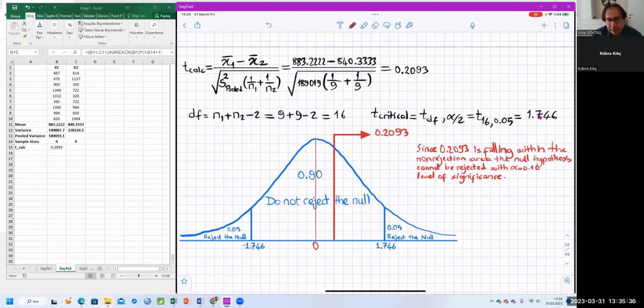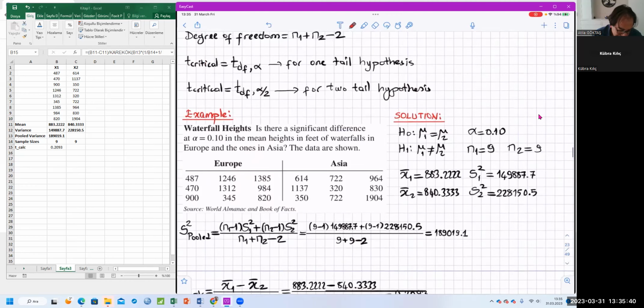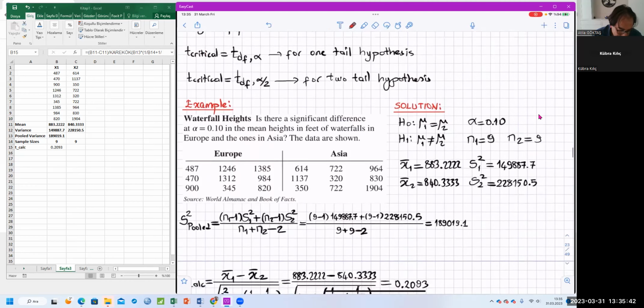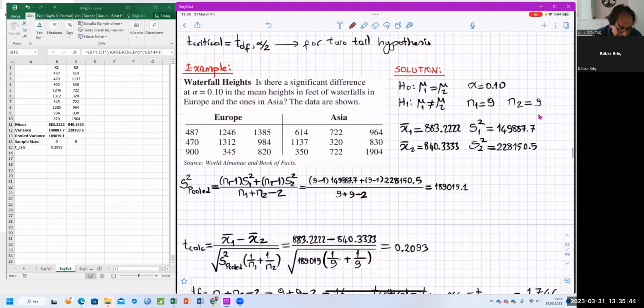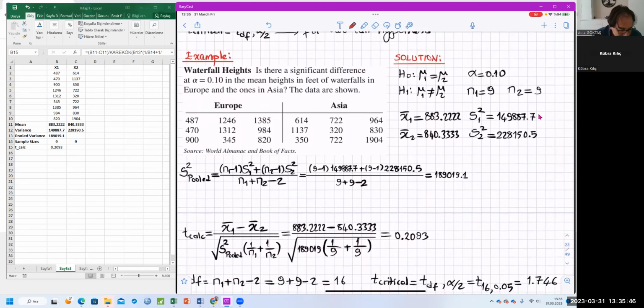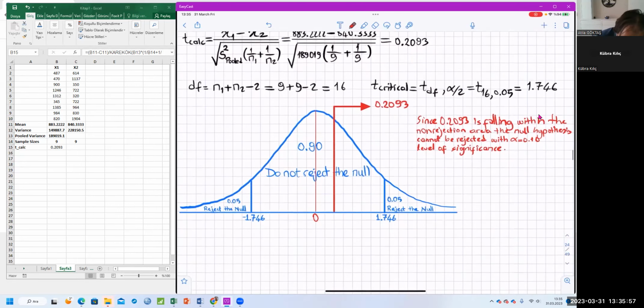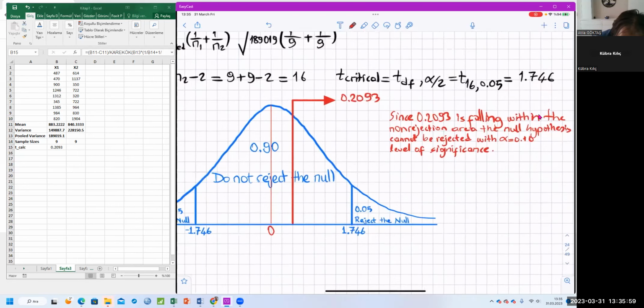You can also write a verbal statement. In this example, it means the waterfall heights in Europe are not really significantly different from the waterfall heights in Asia. So you can also make this statement as well.